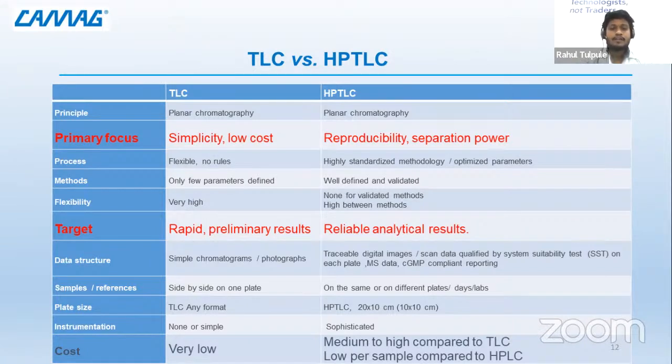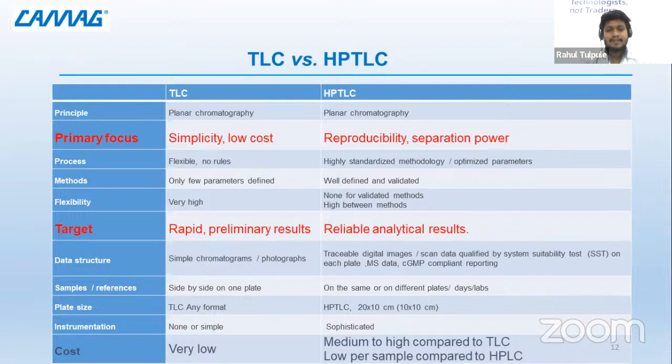Talking about data structure, in TLC you can only take a photograph of it, whereas in HPTLC there are traceable digital images, scanned data, and a lot of data for the same. In TLC, sample and standards must be applied side by side on one plate, whereas in HPTLC they can be on the same or different plates, days and labs, and analyzed using the comparison viewer.